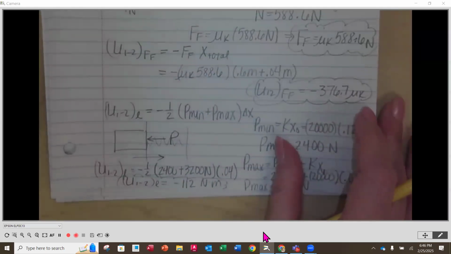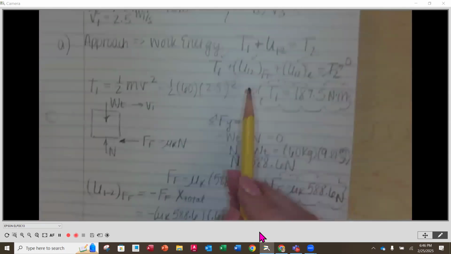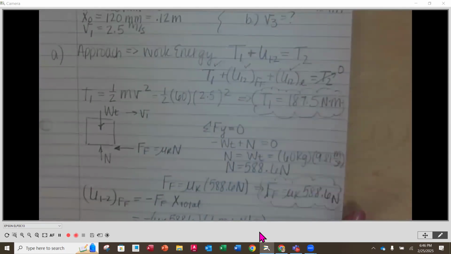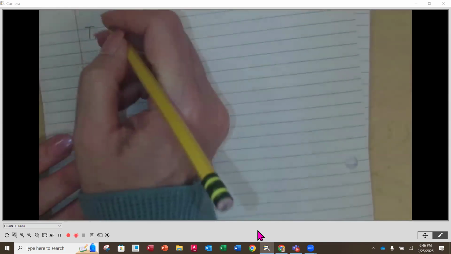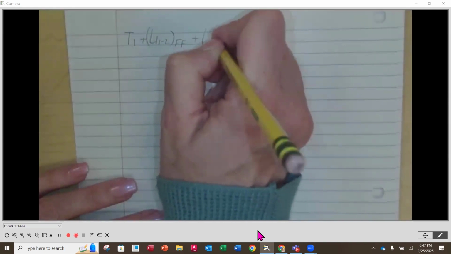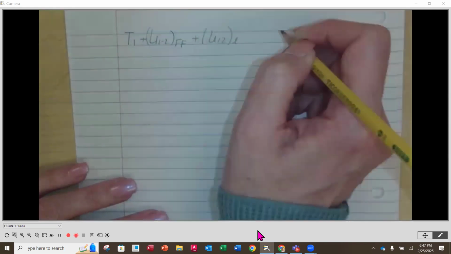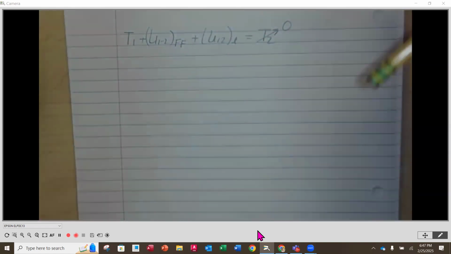Okay. So now I'm going to turn over here, and we are going to use these values in this equation up here, because we have them all calculated, and our only unknown should be that coefficient of kinetic friction. So I'm just going to do T1 plus U1 to 2 based on the friction force, plus the work elastic due to that spring, plus T2, which we know is 0.